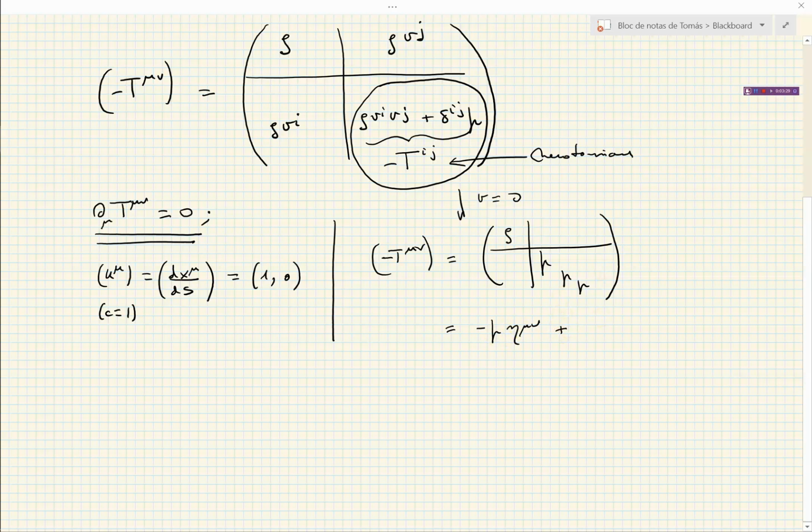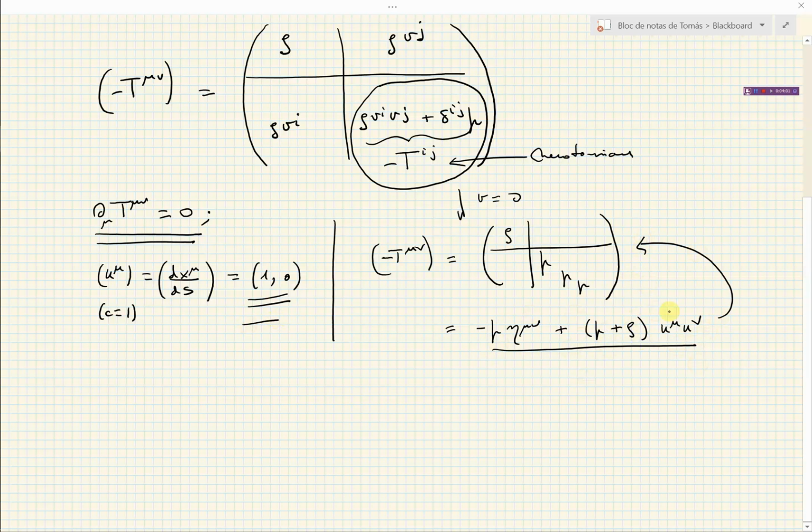So I can remove this p by multiplying p with u^μ and u^ν, because in this frame u^μ and u^ν only have the 0 component, which is 1. So this minus p and this p cancel, and then ρ only appears in the 00 component. So in this particular system, this form reduces to this.